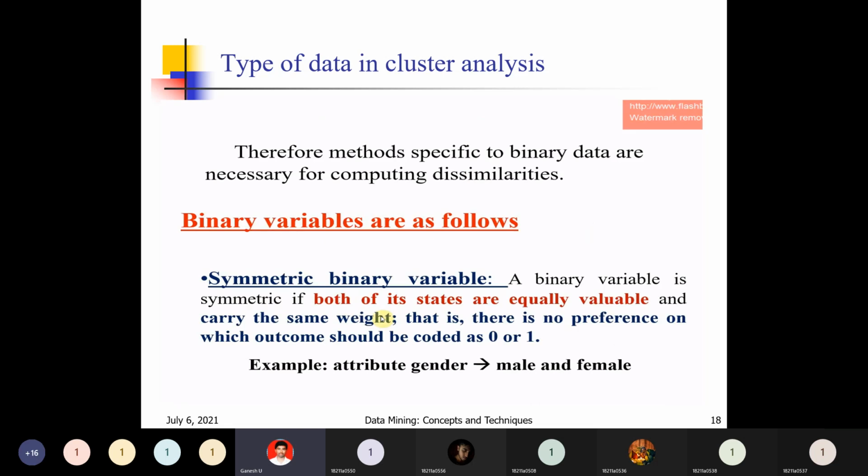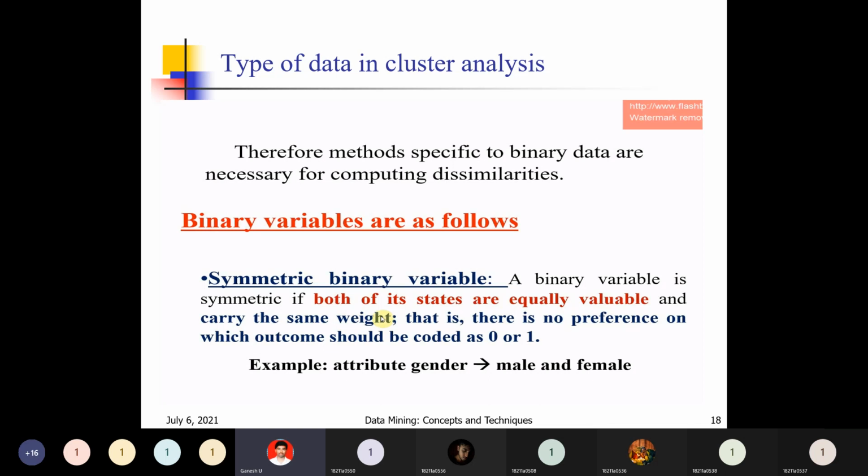A binary variable is symmetric if both of its states are equally valuable and carry the same weight. A male or female employee has the same value, there is no difference. If the subject I teach for another section, some other lady faculty may teach, gender male or female, there is no difference. That comes under the symmetric binary variable.